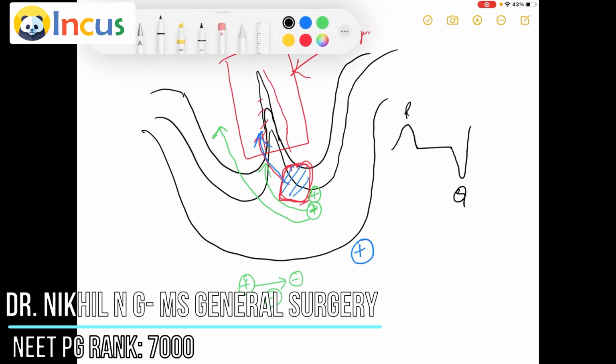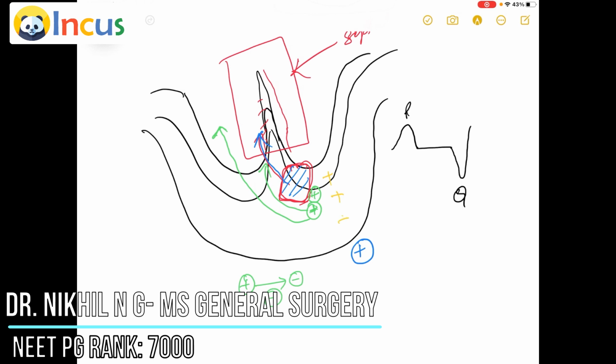Now after this, the current starts moving from this part to the other parts. The next part is the muscular part. So it moves in this way, everywhere, from the septal part towards the muscular part.